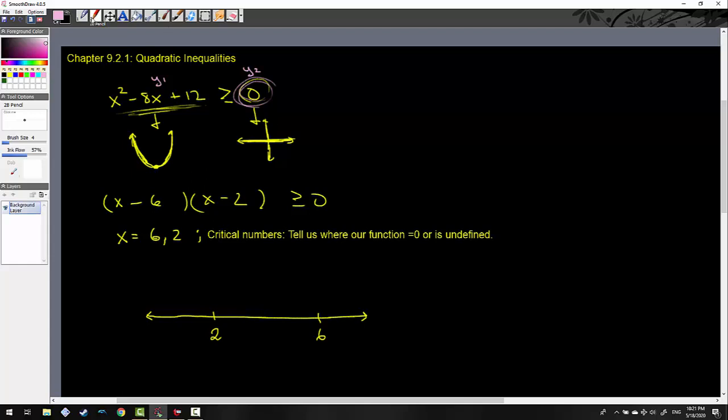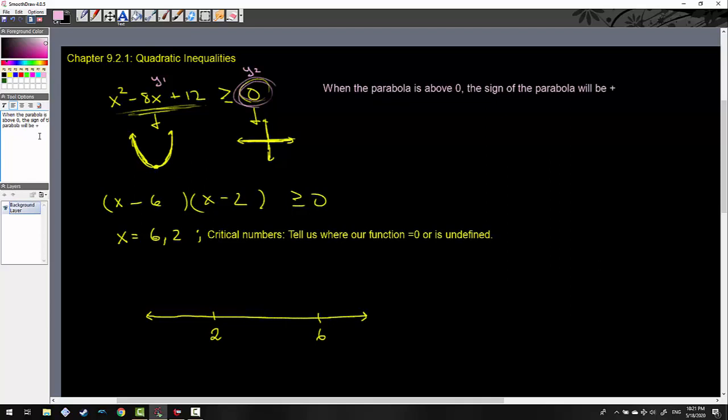And since I'm comparing it to 0, which is such a unique number, I can definitively say that when the parabola is above 0, the sign of the parabola will be positive, right?